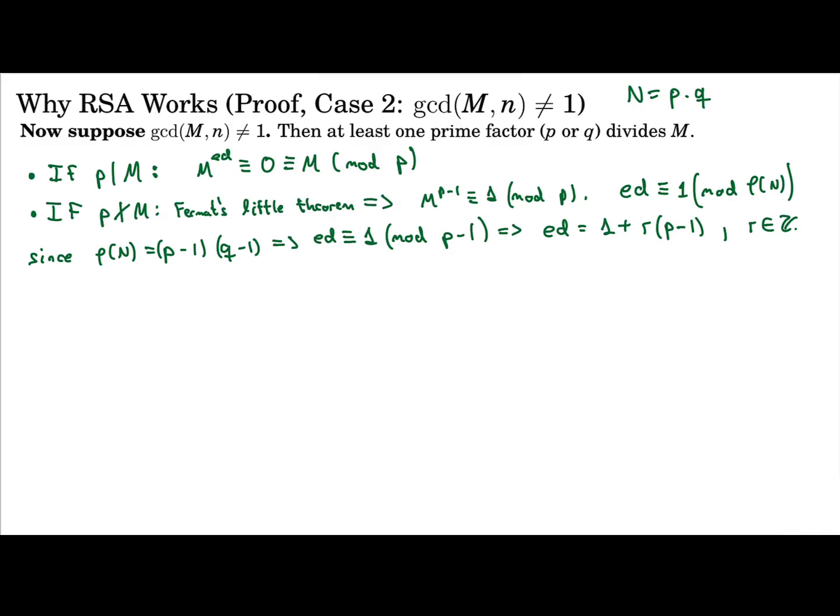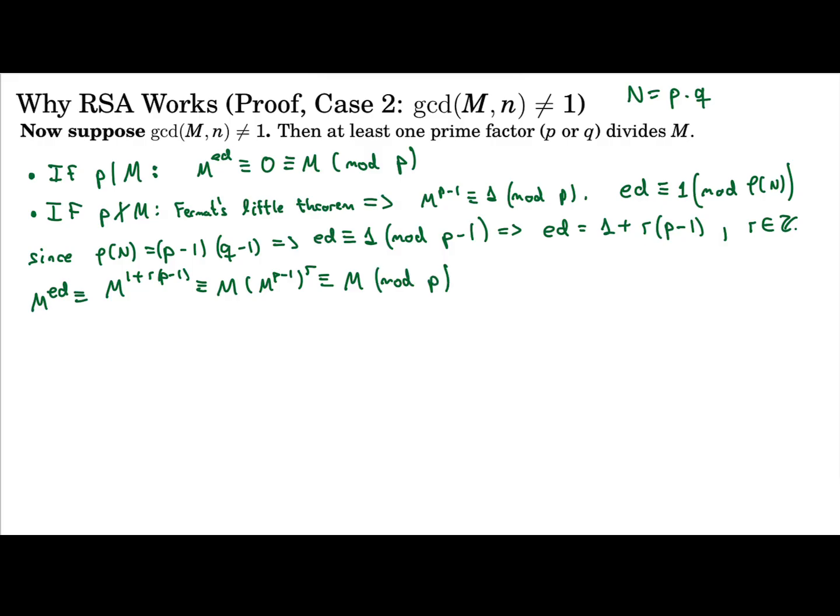And now we can just rewrite M to the ED as M to the 1 plus R times P minus 1, which will be congruent to M to the P minus 1, to the R. And we saw M to the P minus 1 is 1, so this is just going to be congruent to M mod P. Which is what we wanted to show.